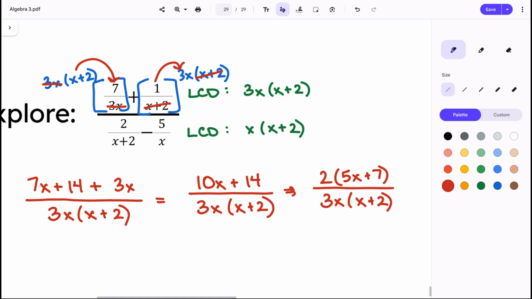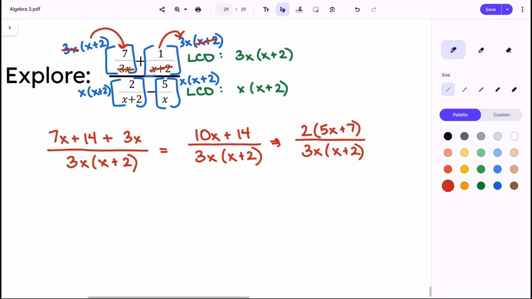Okay. Now let's do the bottom. So same thing down here, but my LCD this time is x times x plus 2, and there's a subtraction sign there, so we'll just have to really watch our signs on this one. For this second one, the x plus 2's on the first fraction are gone, and so I'm taking x times 2, which is 2x.